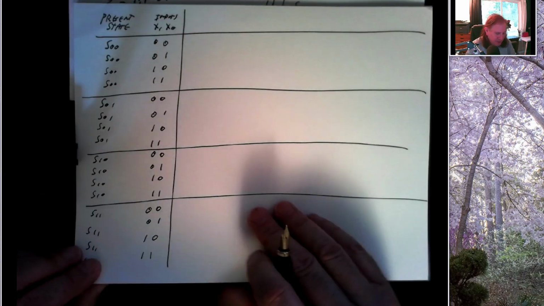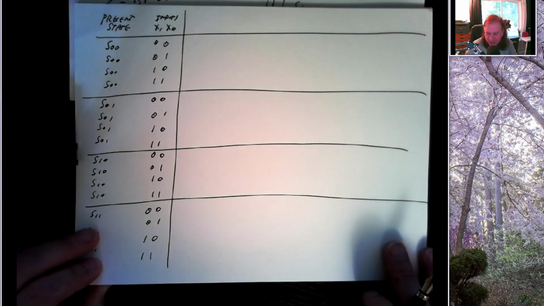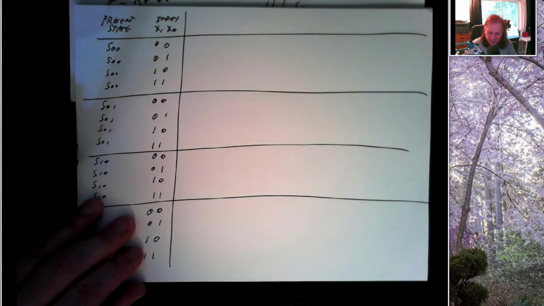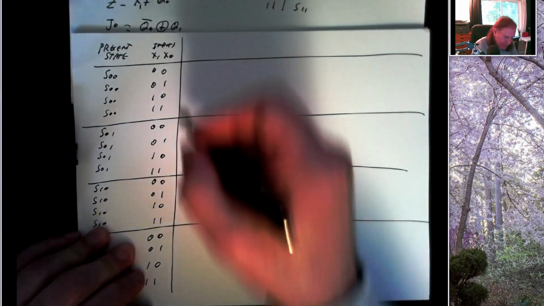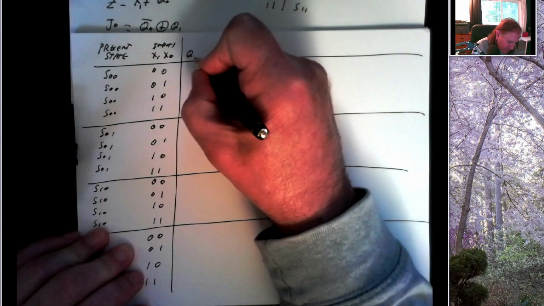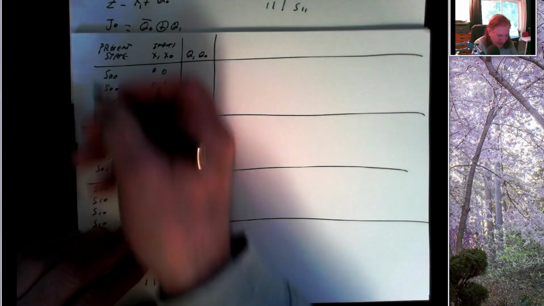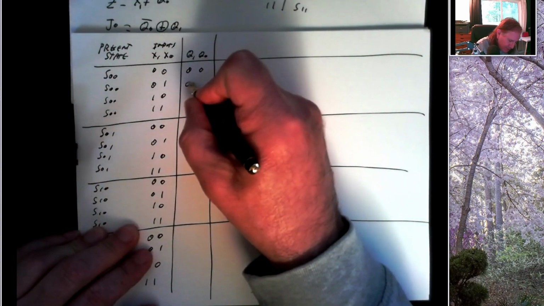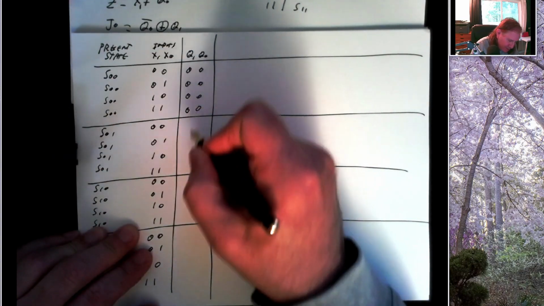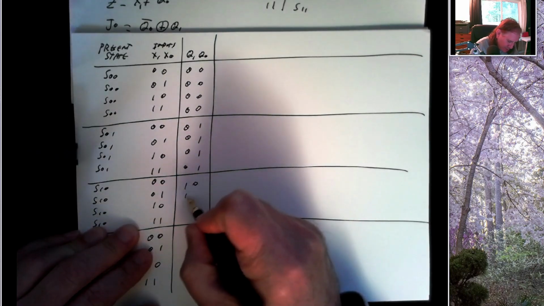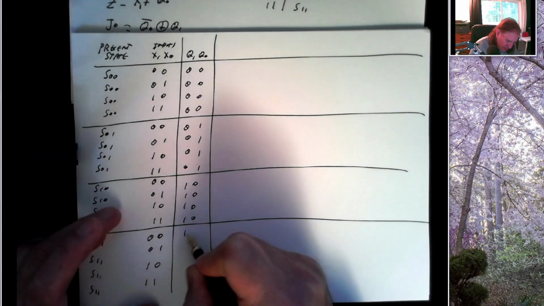So there's our set of present state and input combinations. And then we're going to add a column for the Q's corresponding to this present state. So I'm going to list Q1, Q0. And I can just read this directly from the state. In these four cases, it's 0, 0, here's 0, 1, here's 1, 0, and here's 1, 1.